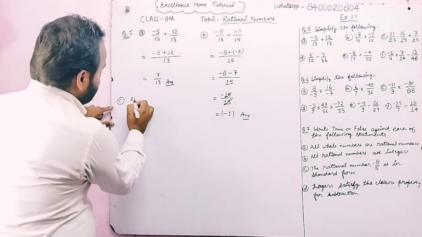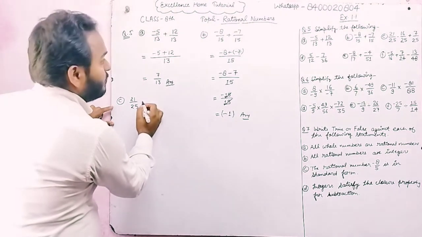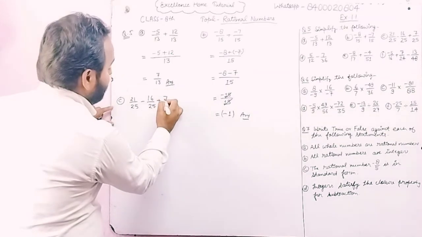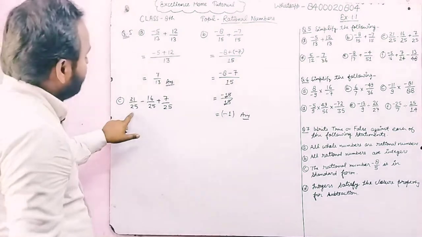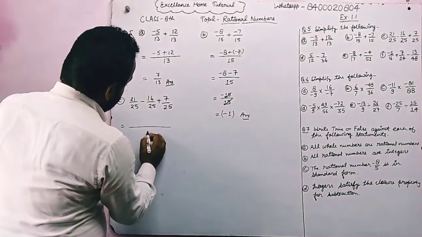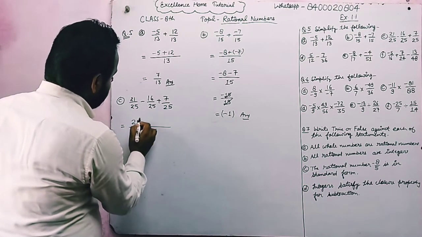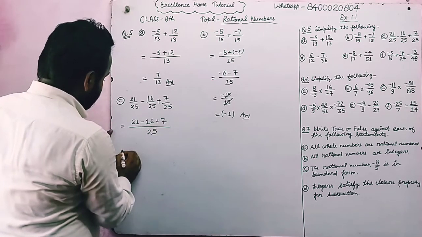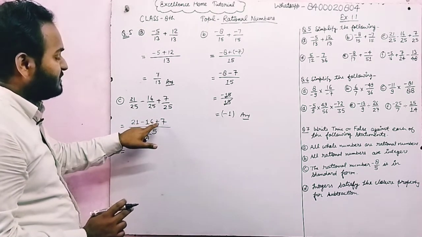In this, 3 rational numbers are given: 21 by 25 minus 16 by 25 plus 7 by 25. The 3 denominators are the same, so the LCM is simply 25, and we write the numerators 21 minus 16 plus 7 over it.